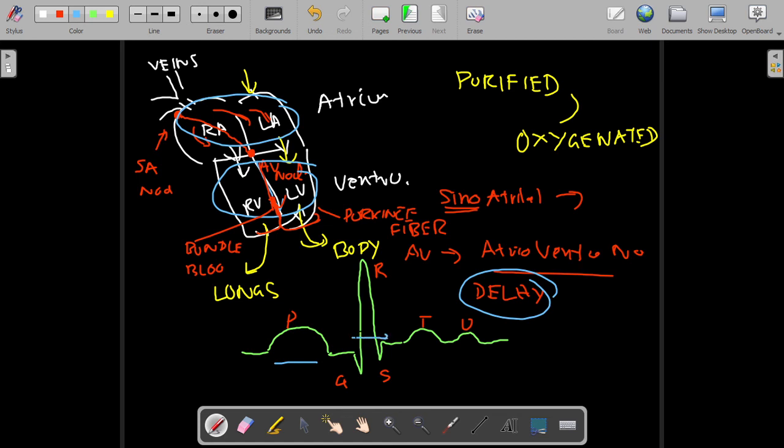QRS is mainly due to contraction of the ventricle and relaxation of the atrium. T is due to relaxation of the ventricles, and U is due to relaxation of the Purkinje fibers and other fibers surrounding the chambers of the heart. This is how you get your ECG line. This ECG waveform indicates the electrical activity of the heart.